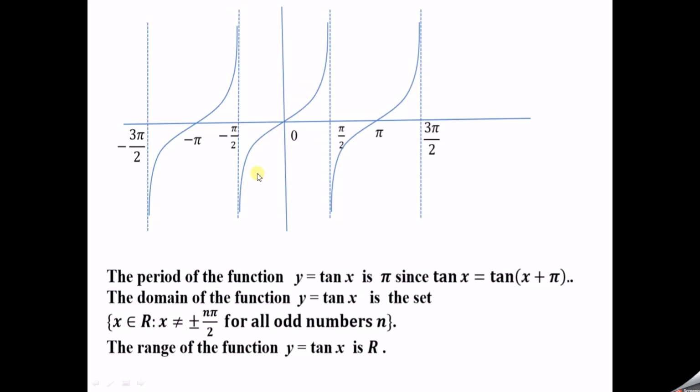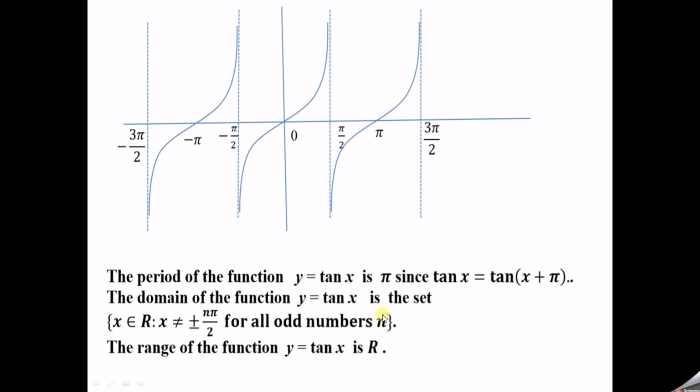But the domain of the tan function, we say, is all real numbers except odd multiples of pi by 2. Because at pi by 2 it is not defined, at 3 pi by 2 it is not defined, at minus pi by 2 it is not defined, at minus 3 pi by 2 it is not defined.